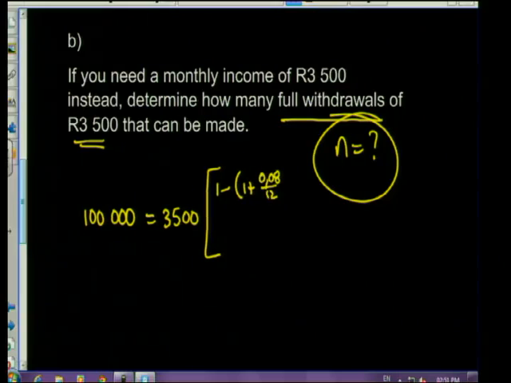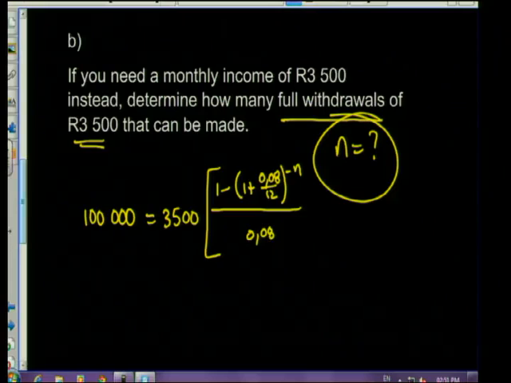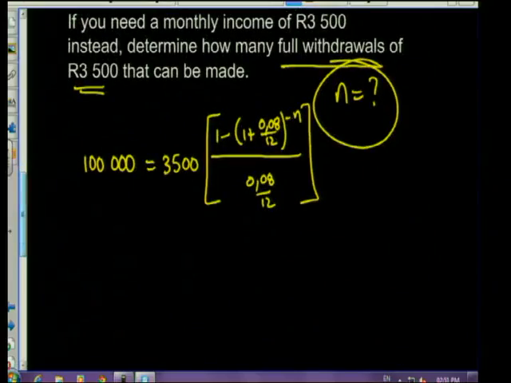It's done monthly to the power of negative n, all over 0.08 over 12. Now you have to solve for n. And this is where you've got to think very, very carefully and just unpack the equation by taking things over to the other side. But always remember that when you take something to the other side, you reverse its operation. So what I'll do here is I'll divide by the 3,500.